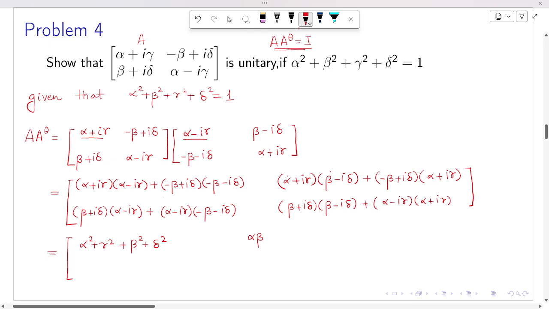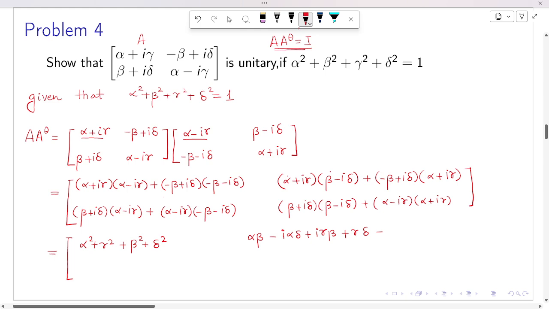Alpha into beta, then minus iota alpha delta plus iota gamma beta, and iota into iota square is minus 1, and this is plus 1 gamma delta.